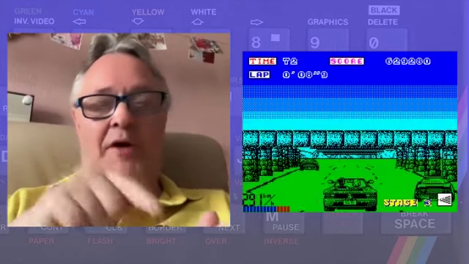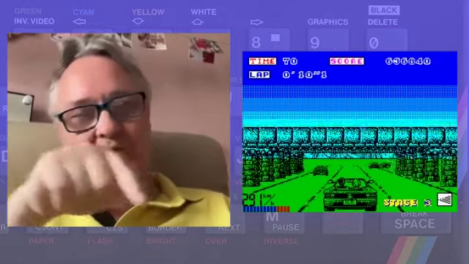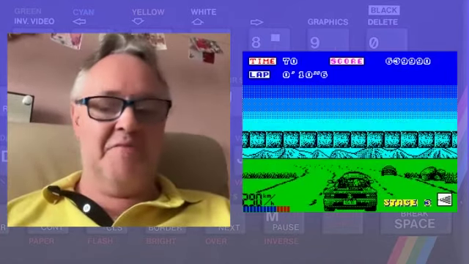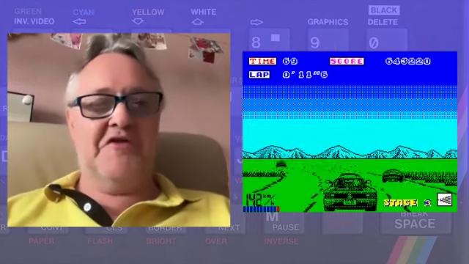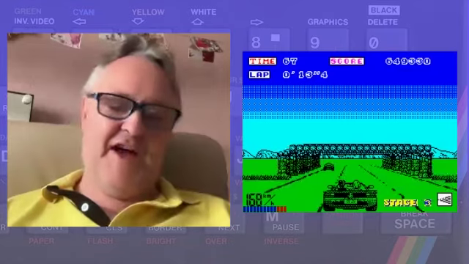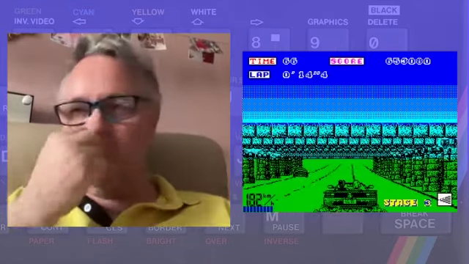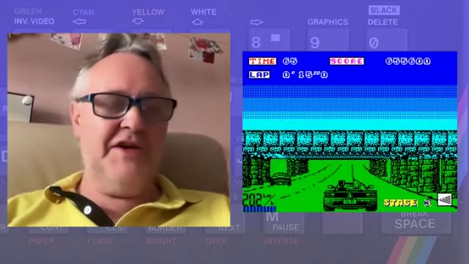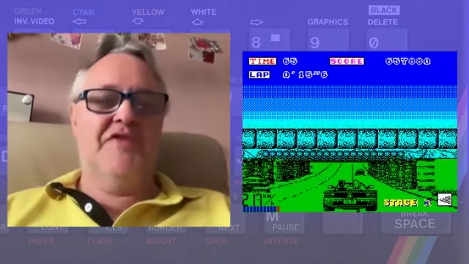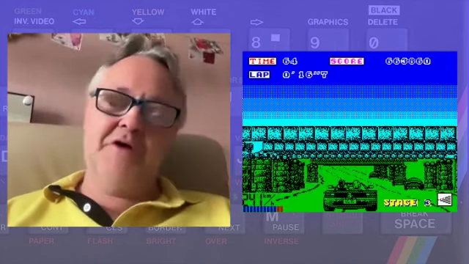You keep a pointer, remember pointers, into where you were on that list, and the list would have commands like here there'd be a corner, here there'd be a hill. Please start showing trees on the right hand side for 500 meters at an interval of every 100 meters, what have you. So the game design is very much contained within that map, data markup language, call it what you will.